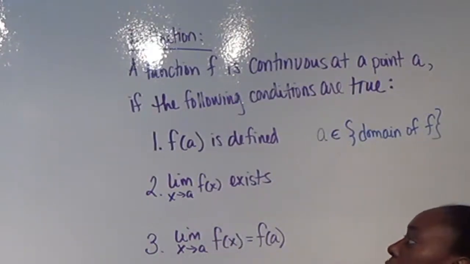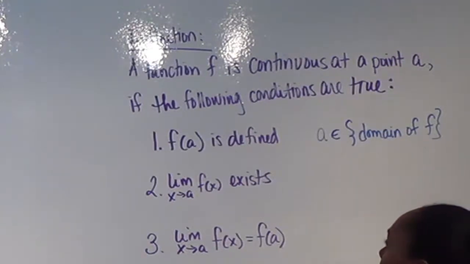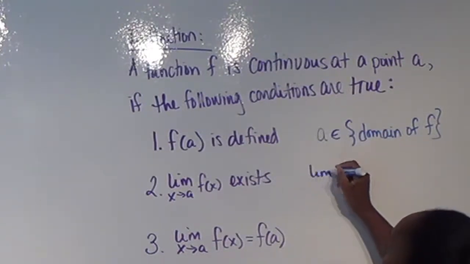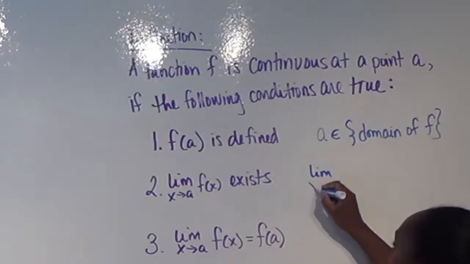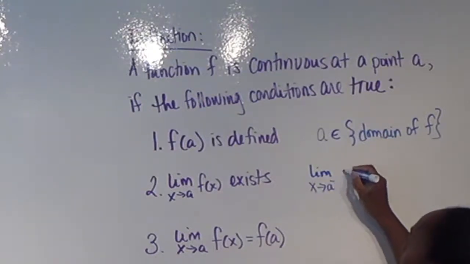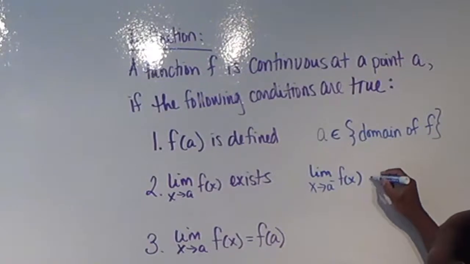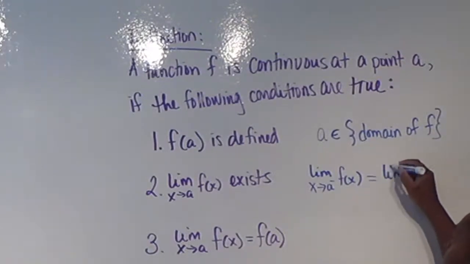For the second condition, the limit as x goes to a of f of x must exist. And if you recall from when we started talking about limits, what this means is, if I look at the limit from the left of the function, it must be equivalent to the limit from the right of the function.